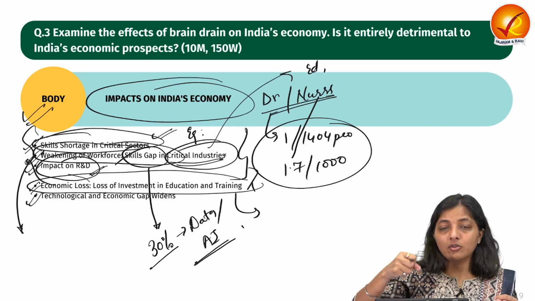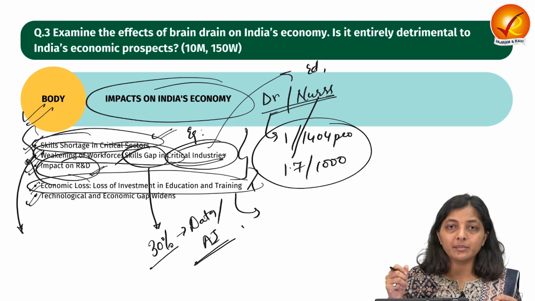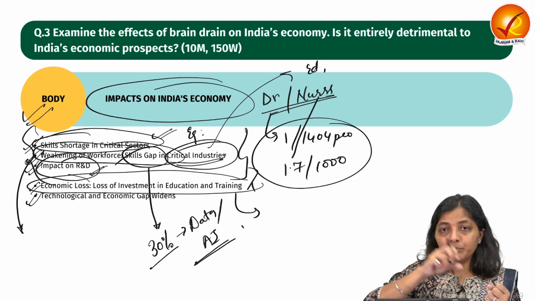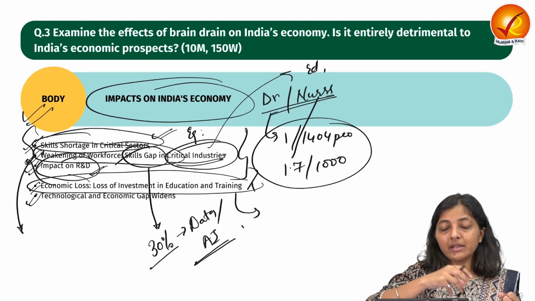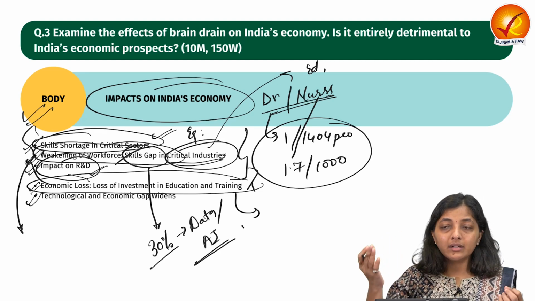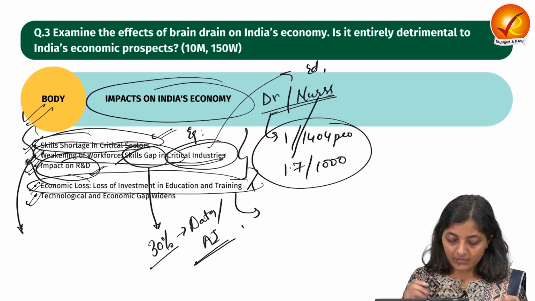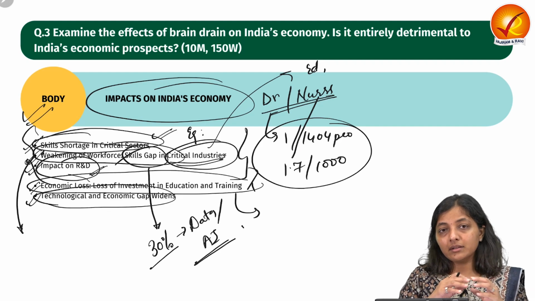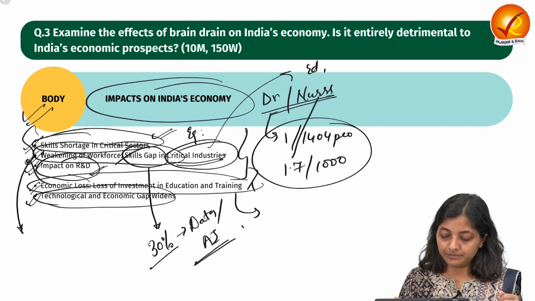When it becomes a hub for all the advancements, other industries also come up. So when highly qualified, highly skilled people migrate from one country to another, it creates a huge imbalance between the two nations, and the technological and economic gaps widen.